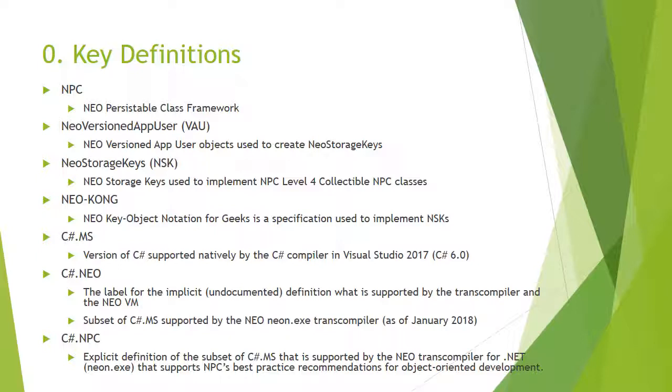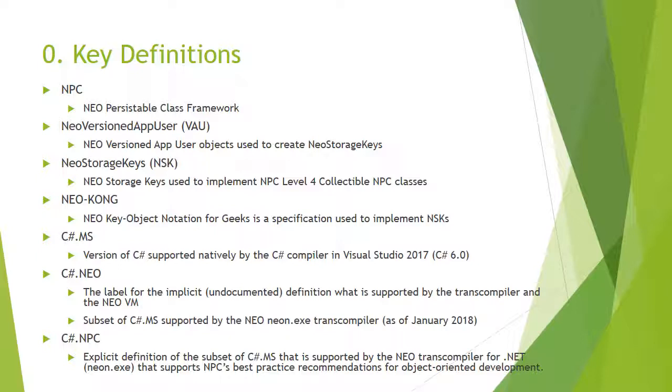Lastly, a few acronyms, if you want to call them that, to differentiate between the different species of C# programming languages we're going to be talking about. So C#.ms is the version of C# supported natively by the Microsoft C# compiler in Visual Studio 2017, and it conforms to the C# 6.0 specification. C#.neo is the subset of C#.ms that's supported by the neon.exe transcompiler, as of January 2018.